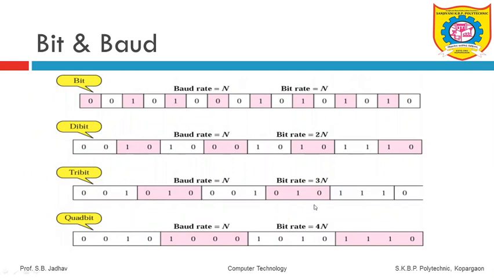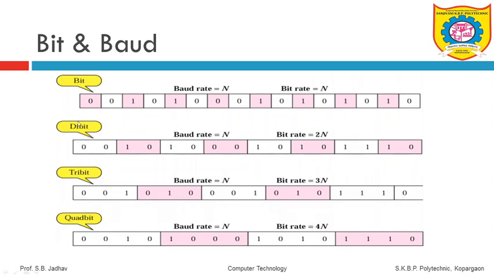Let us see this diagrammatically. In the first diagram, the bit rate and baud rate are the same, as in a second only one symbol is sent, either 0 or 1, similar to the binary system, where we are sending 1 bit per second.